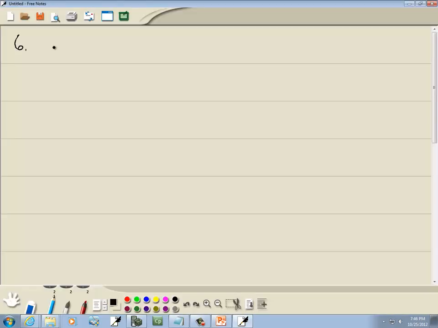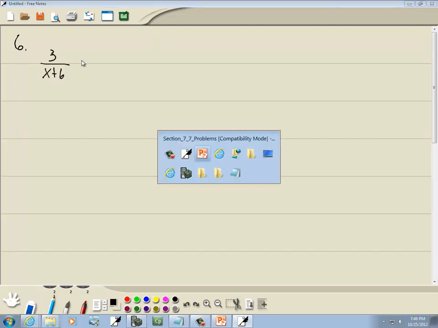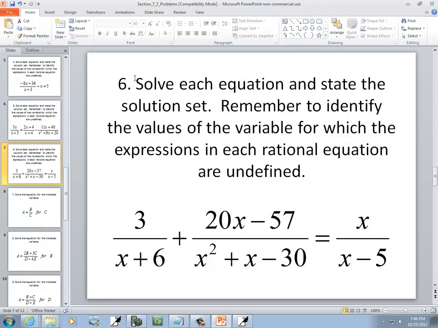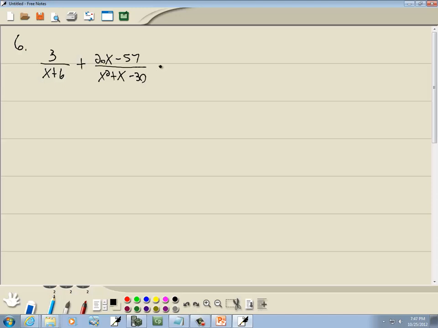See, in this problem, we got 3 over x plus 6 plus 20x minus 57 over x squared plus x minus 30 equals x over x minus 5.